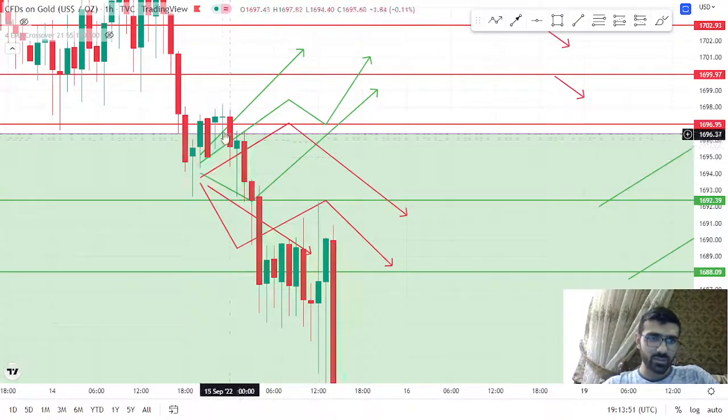But thirdly, when we gave you this selling setup, that when market closes below this area we can go short upon a retest, you can clearly see that market closed below this area, and upon a retest market closed below once again, and then we could go short from here.